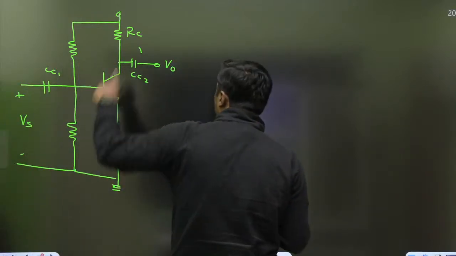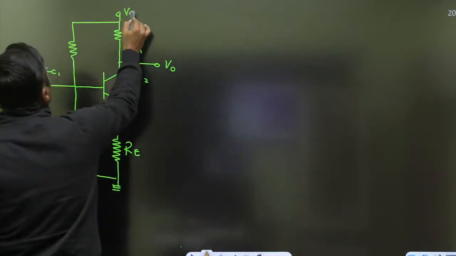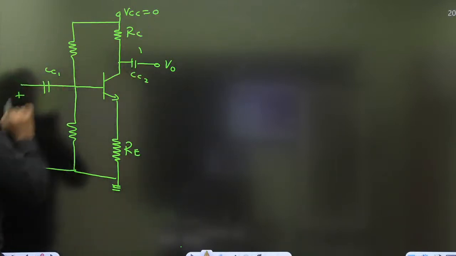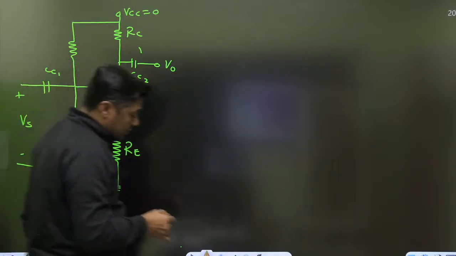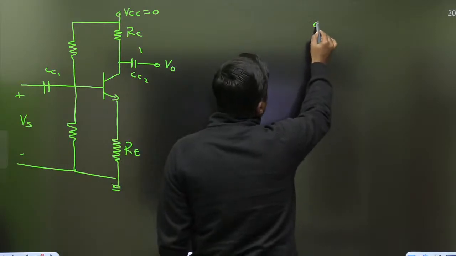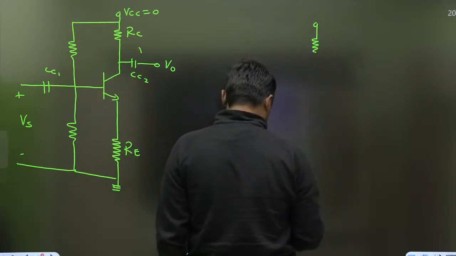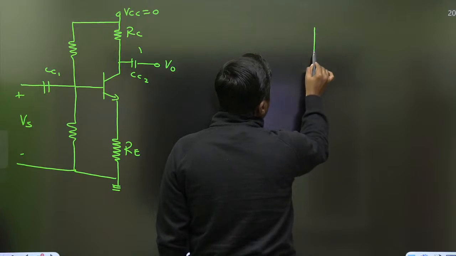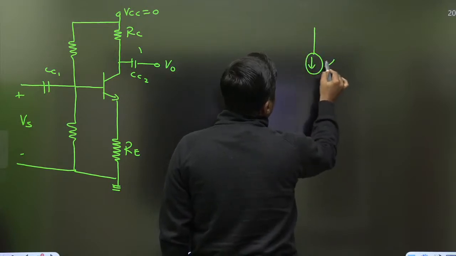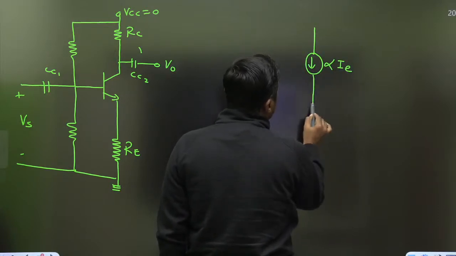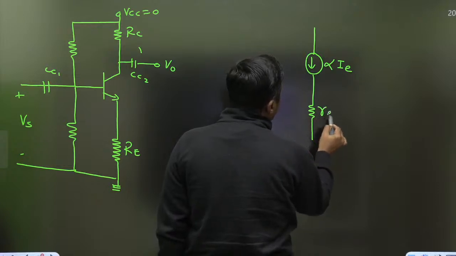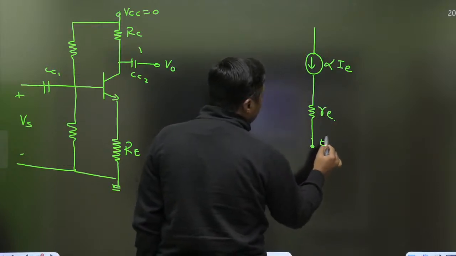Now again, during AC analysis, remember one thing, this VCC will act as 0, and the capacitor will act as a short circuit. What will be the model? The re model. Alpha I, small re, this is the emitter.